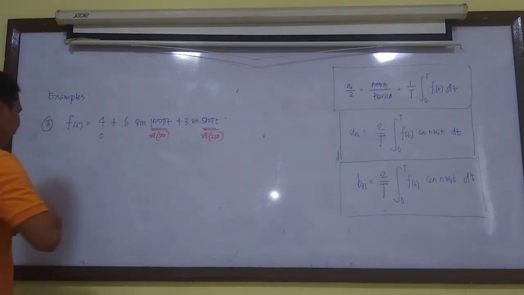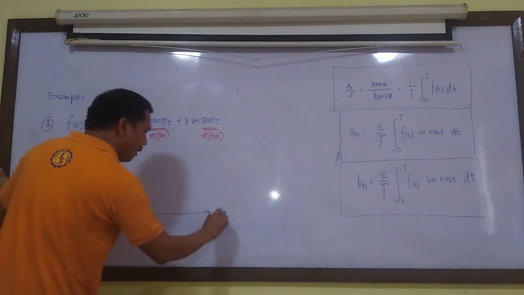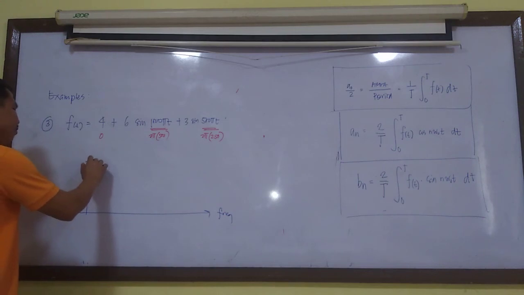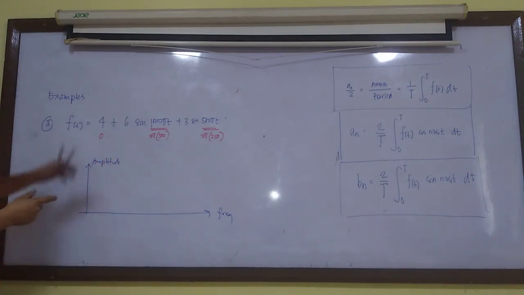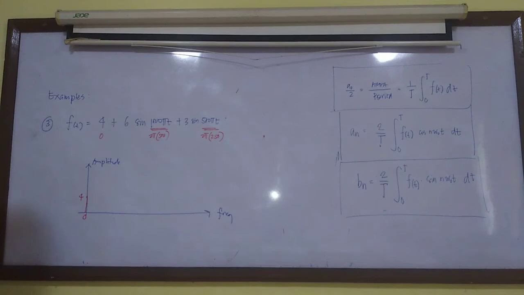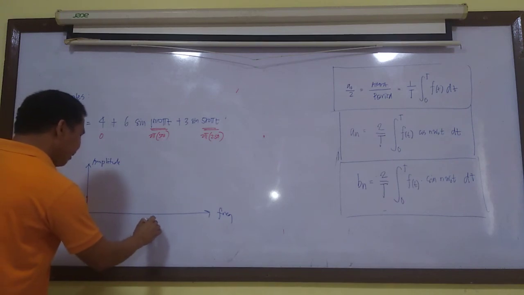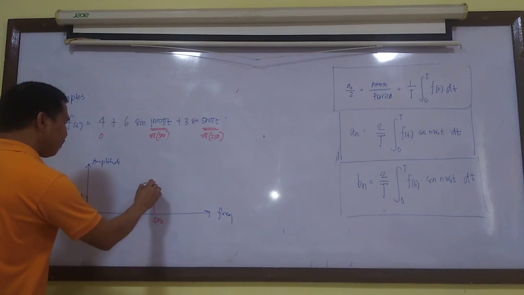Alright, now if we are going to sketch this in the frequency domain, this is your frequency versus your amplitude. For a frequency of 0, what is the amplitude? 4. So for a frequency of 0, the amplitude here is 4. Now for the frequency of 500, assuming this is my 500, the magnitude is 6.